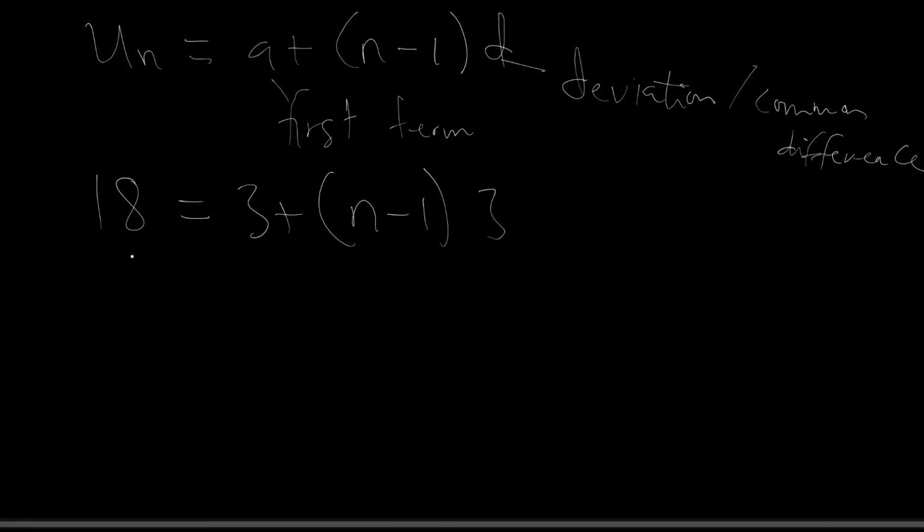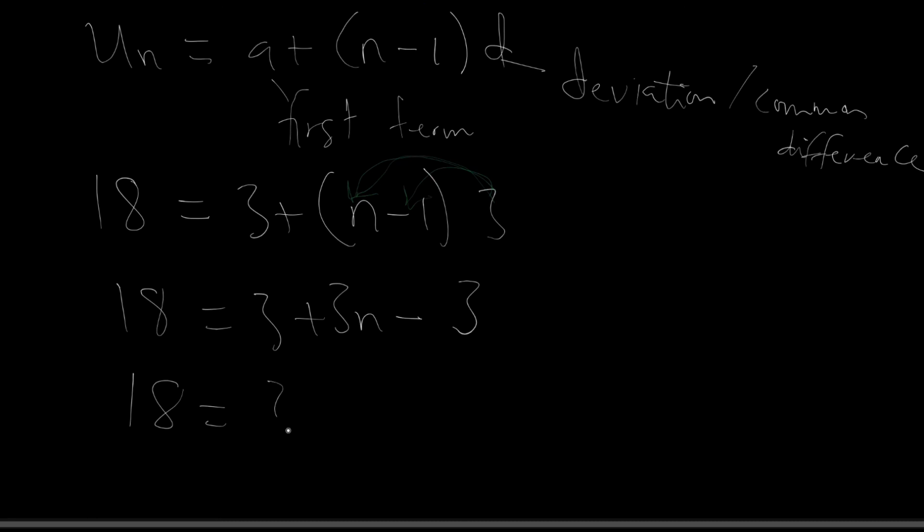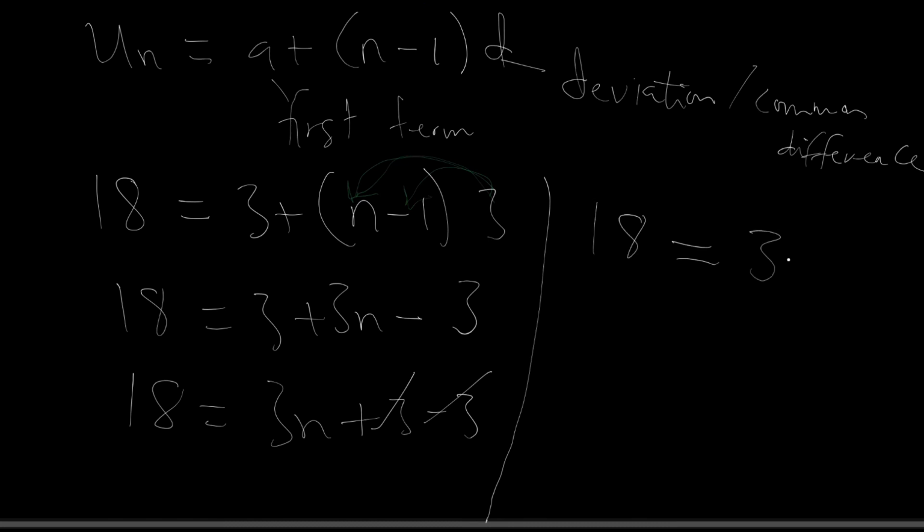So expanding to remove brackets, 18 is equal to 3 plus 3 multiplies this, and at the same time multiplies this. So when 3 multiplies n, we have 3n, minus 3 multiplying 1, we have 3. So 18 should be equal to 3n plus 3 minus 3. Now 3 minus 3 is 0, so they cancel out. Our 18 should be equal to 3n.